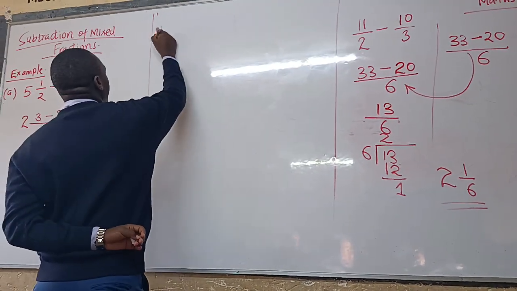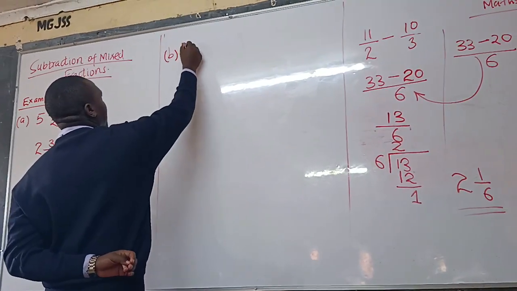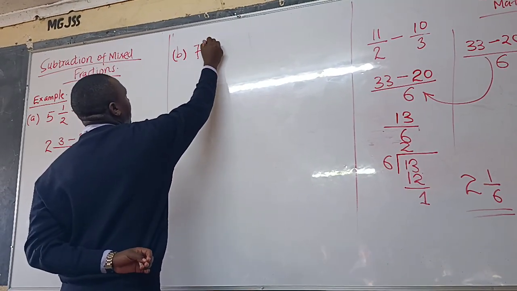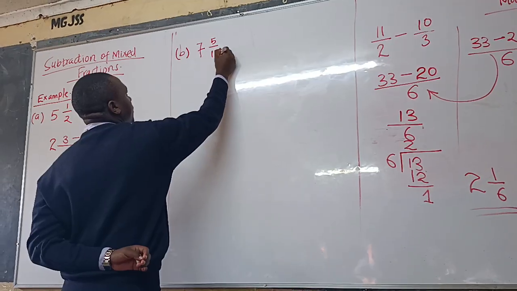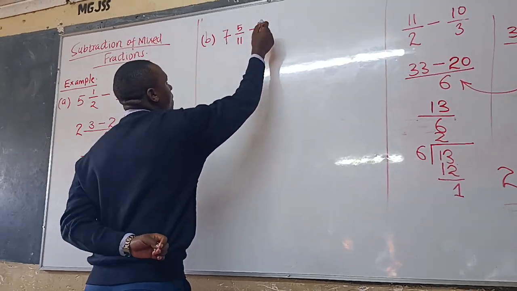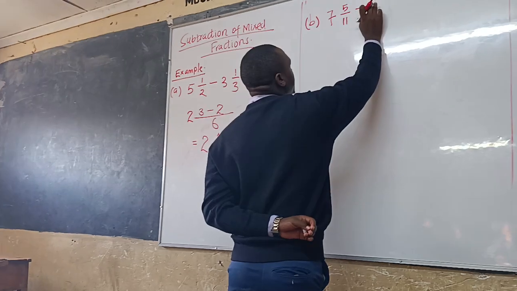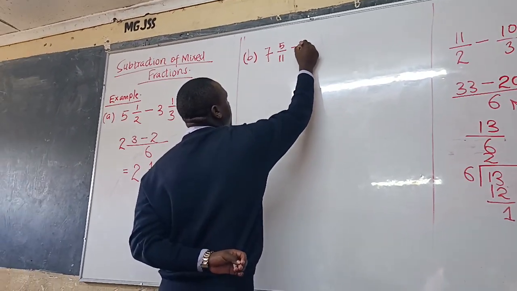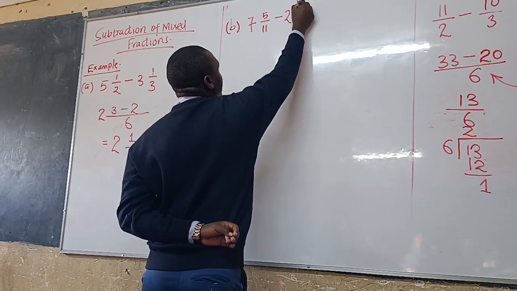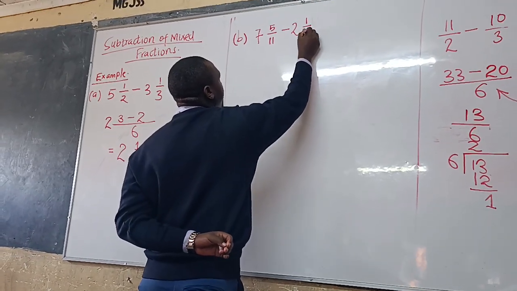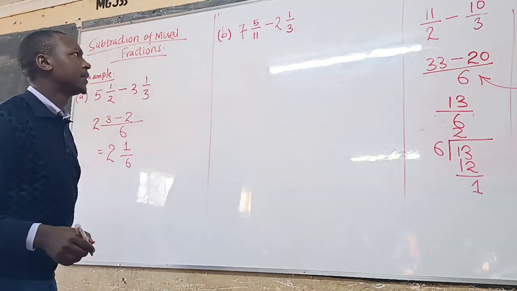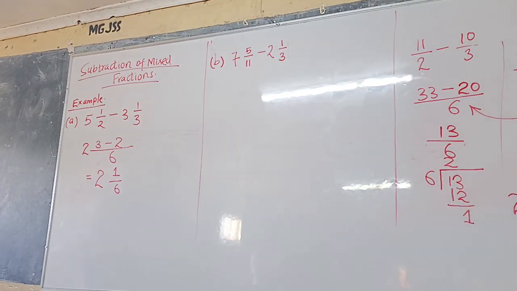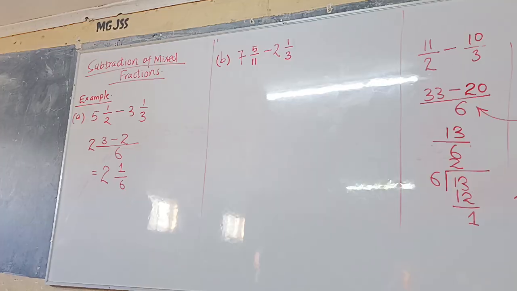B. We can solve something like 7 and 5 over 11 minus 2 and 1 over 3. Yes.